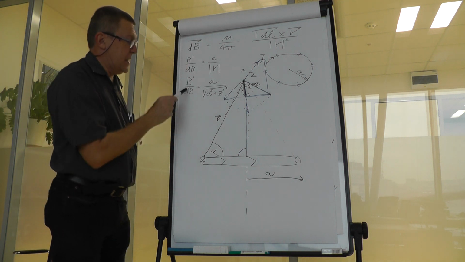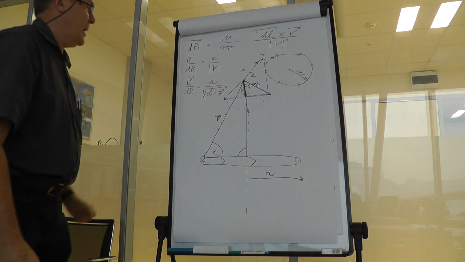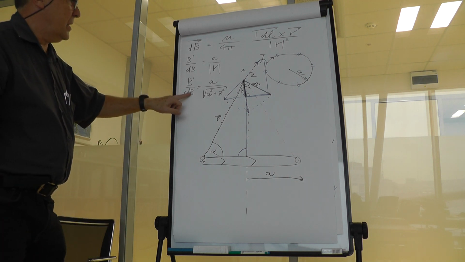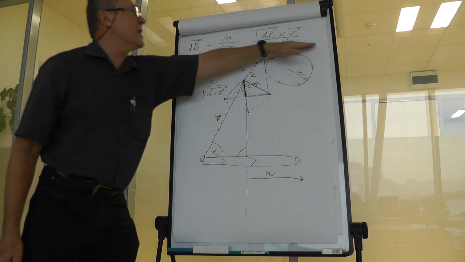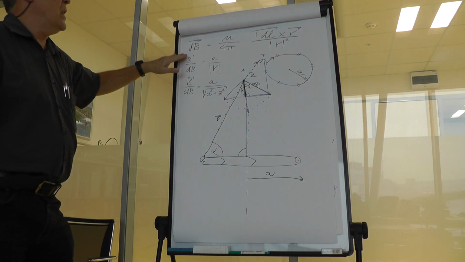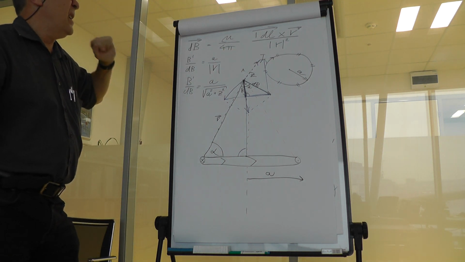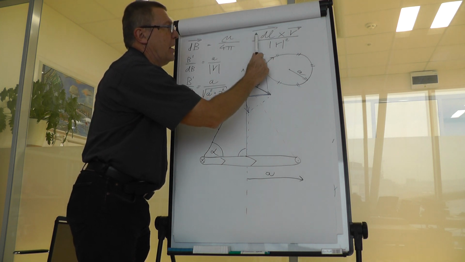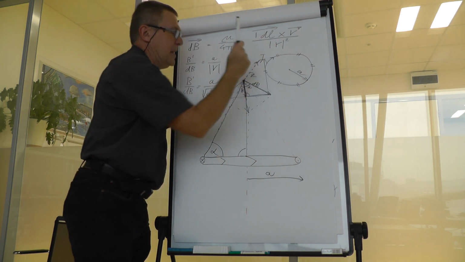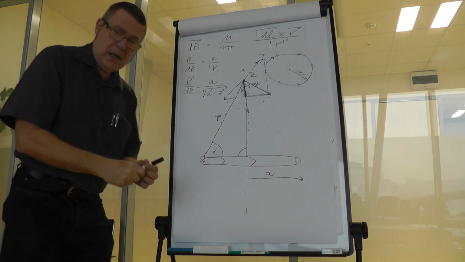Now we should establish dB. dB could be established just using this equation. We would need now to find out the angle of the radius vector and the current. Now just watch it.